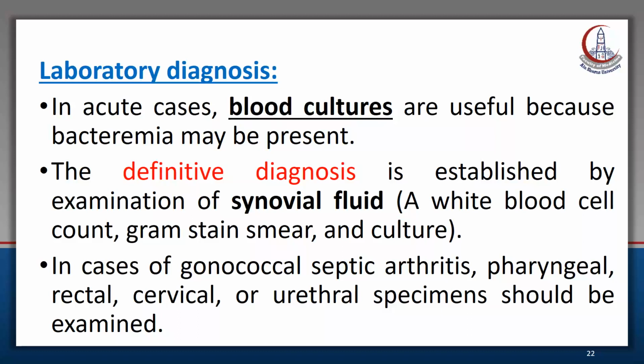The definitive diagnosis is established by examination of synovial fluid, white blood cell count, gram stain smear, aspirate from synovial fluid, gram stain and culture may be beneficial. In cases of gonococcal septic arthritis, pharyngeal, rectal, cervical, and urethral specimens should be examined.